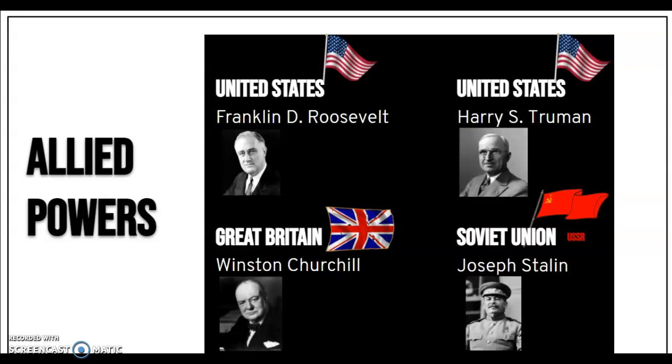Representing Great Britain was Winston Churchill, and then representing the Soviet Union, also known as the USSR, was Joseph Stalin. It's important to note that Joseph Stalin was kind of an oddball in this group, whereas he was a dictator in the Soviet Union and had taken control and power.